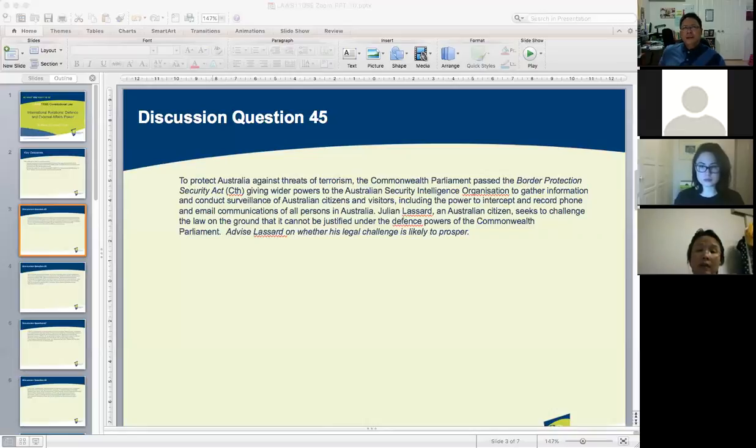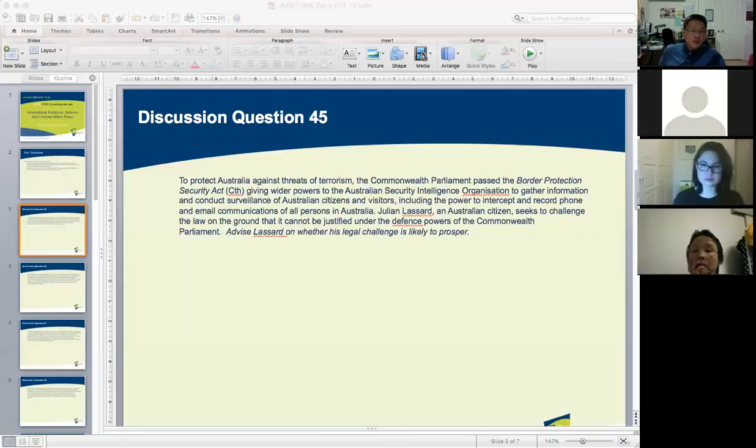Why would it be invalid if you follow the expansionary consequences of the Engineers case? We know from the previous discussions we've had that for as long as the legislation of the Commonwealth Parliament can draw a sufficient link to a head of power, then that law is valid.